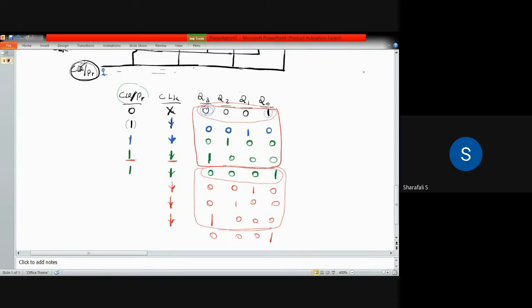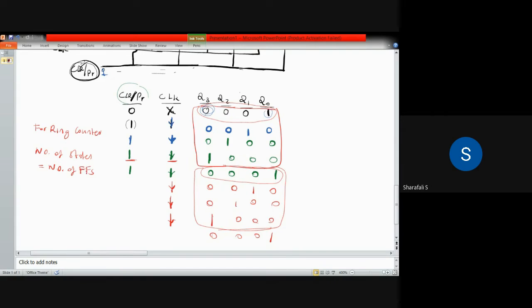So for a ring counter, the number of states, or you can say the modes, the maximum number of states is the modes, will be equal to the number of flip-flops.